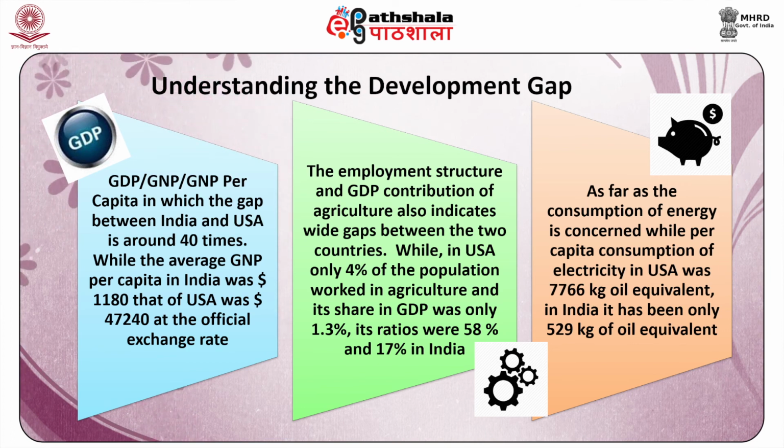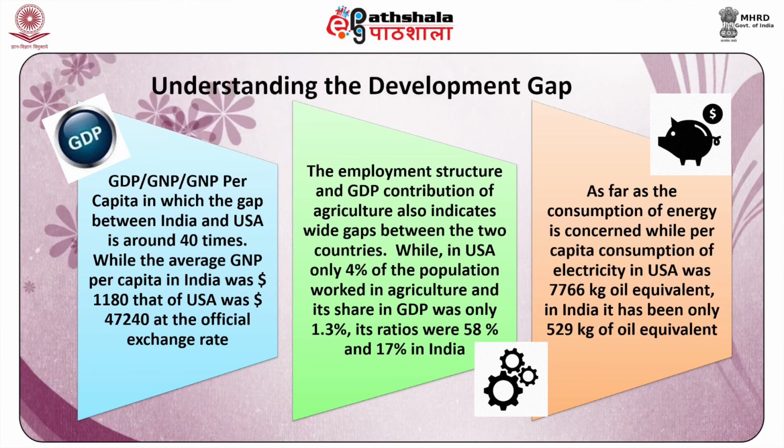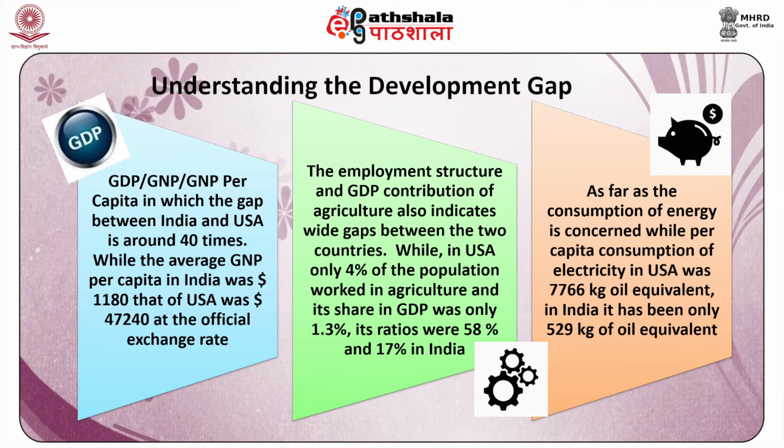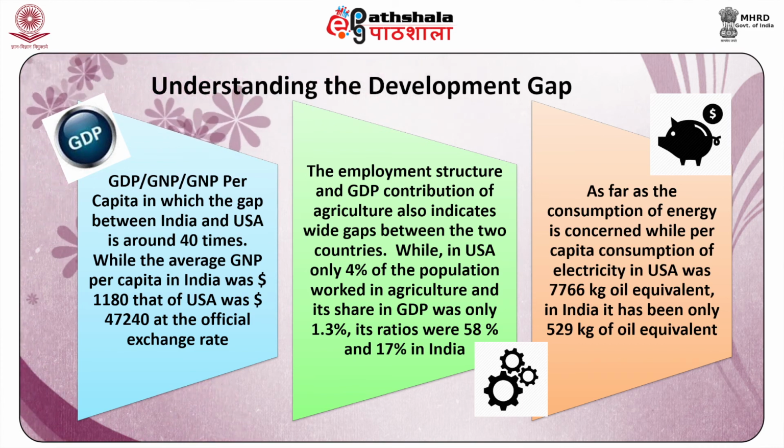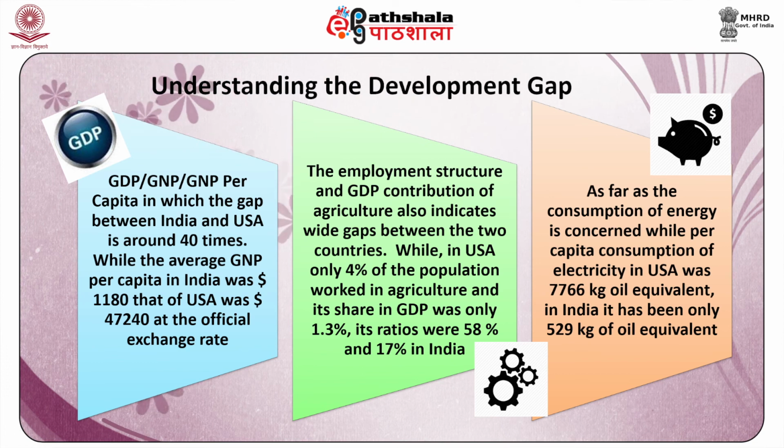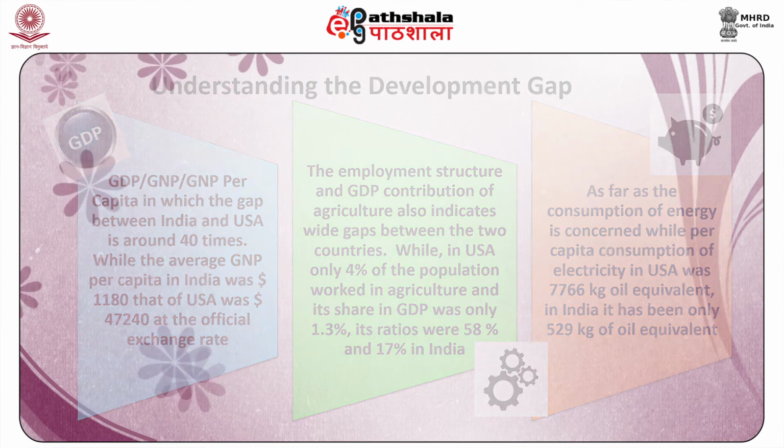C. As far as the consumption of energy is concerned, while per capita consumption of energy in USA was 7,766 kilogram oil equivalent, in India it has been only 529 kilogram of oil equivalent.